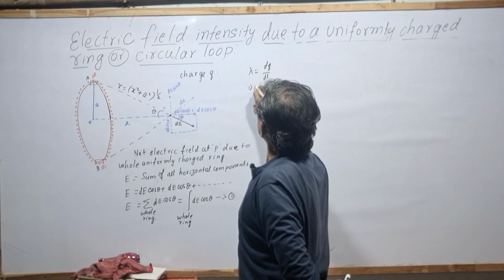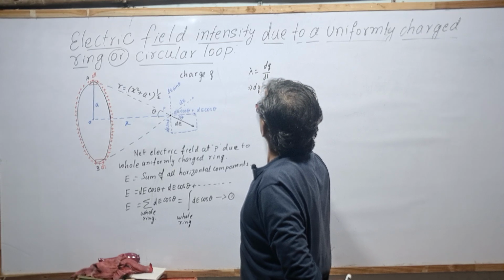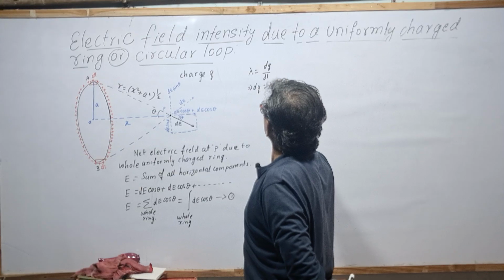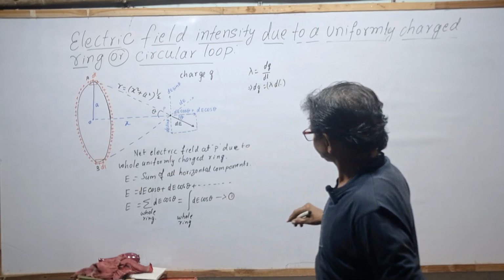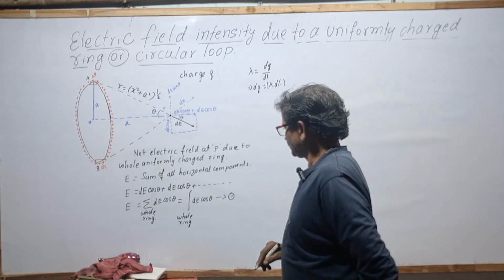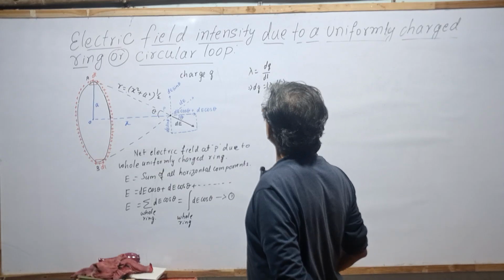So we can write the charge dq equal to lambda into dl here. Take this as equation 1.